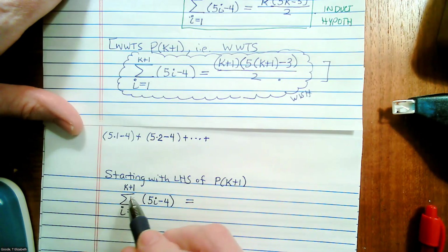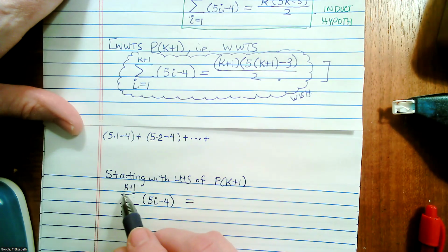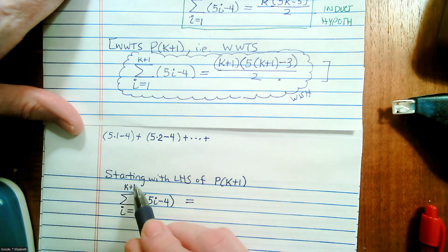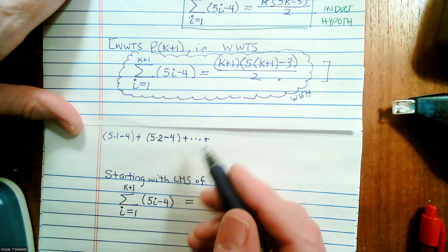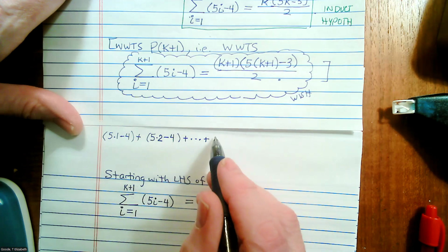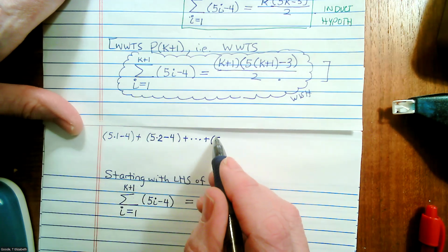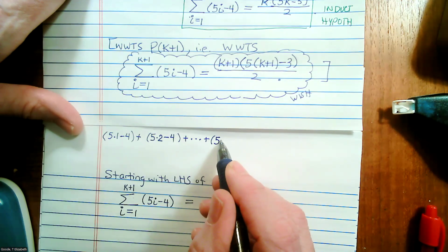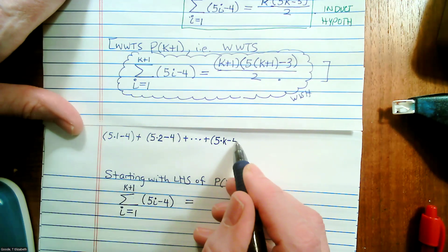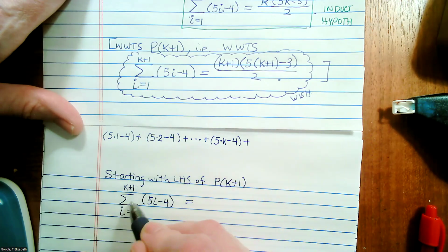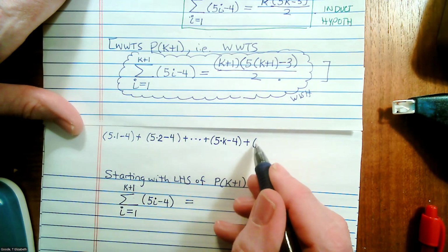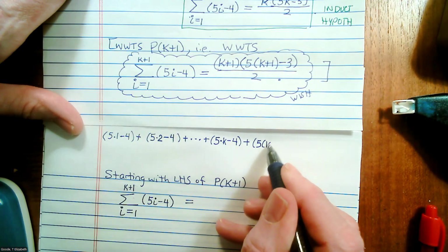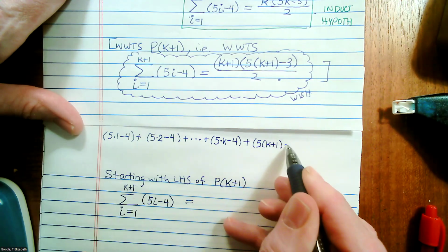The term right before the term when i equals this upper limit, k plus 1, would be when i is k, because k comes right before k plus 1. So the penultimate term would be 5 times k minus 4, plus, and then the last term is when i is k plus 1, so it's 5 times k plus 1 minus 4.